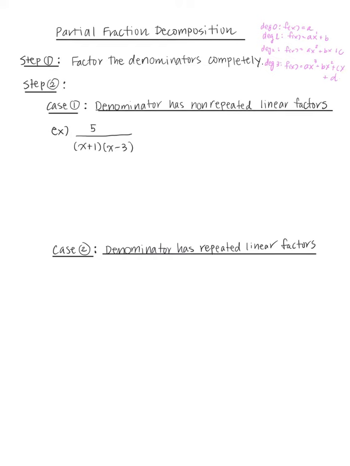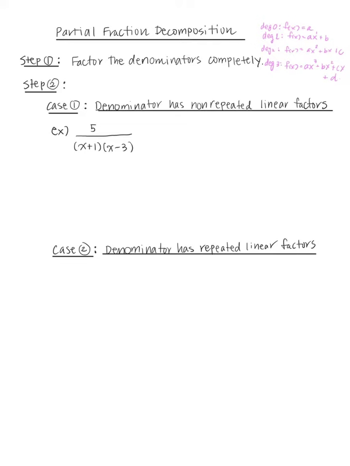Okay, so let's look at case 1. That little example that I wrote is 5 over x plus 1 times x minus 3. Now they are both linear factors and they're not repeated. Repeated means you're going to have an exponent on x plus 1 or x minus 3. But anyways, first step is this: determine how many partial fractions you're going to get.